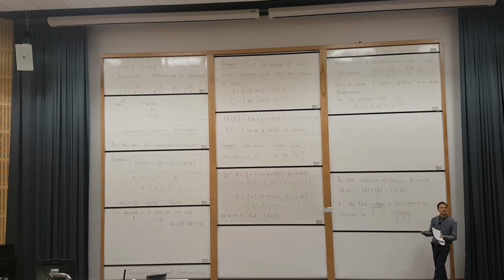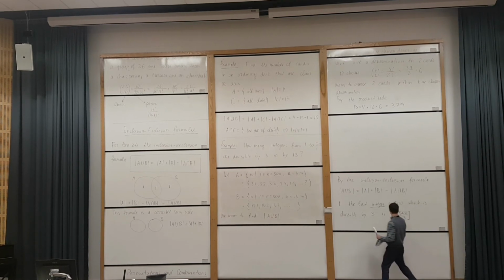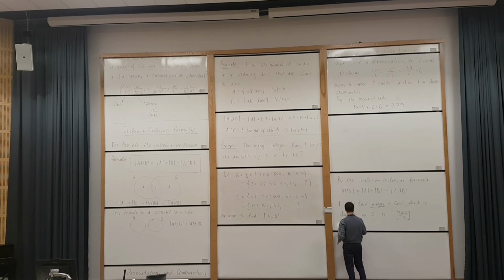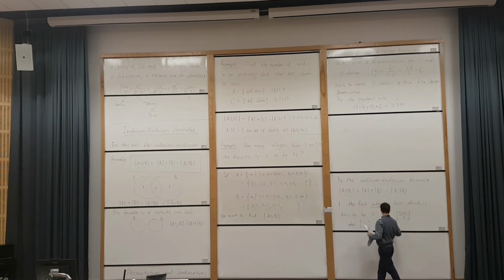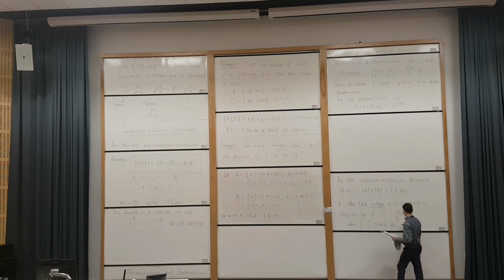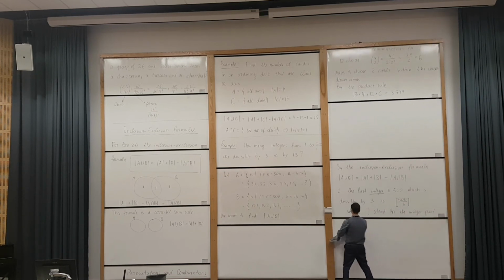So I'm rounding to the closest smaller integer, where the brackets stand for the integer part of the number.